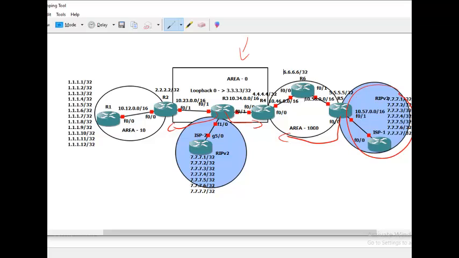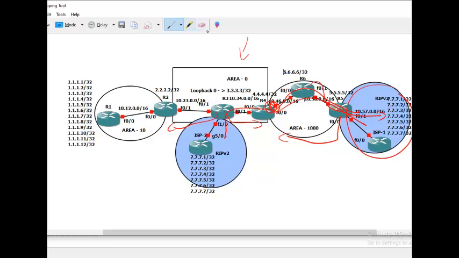And you prefer from area 1000 to go this path. If router 4 is trying to go to 7777, you don't want this path. You want this path.